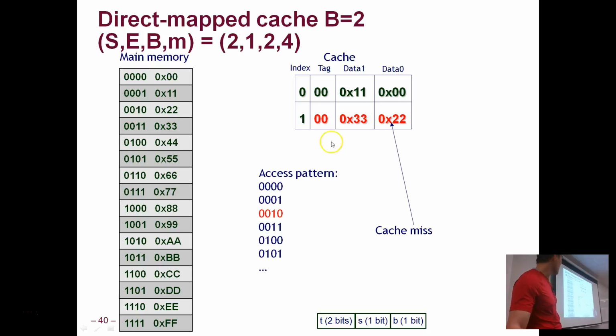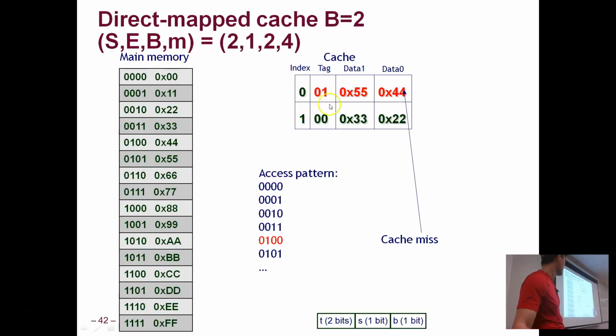But then you bring in both 22 and 33 together so that your next access will hit. This is what you're doing with spatial locality. You're getting a subsequent hit after the initial miss, because rather than bringing in just a single byte, you decided to bring in multiple bytes into your cache line. This is where you finally get benefits from spatial locality.